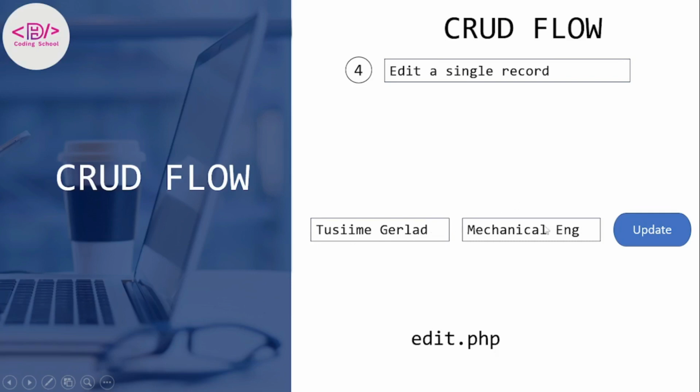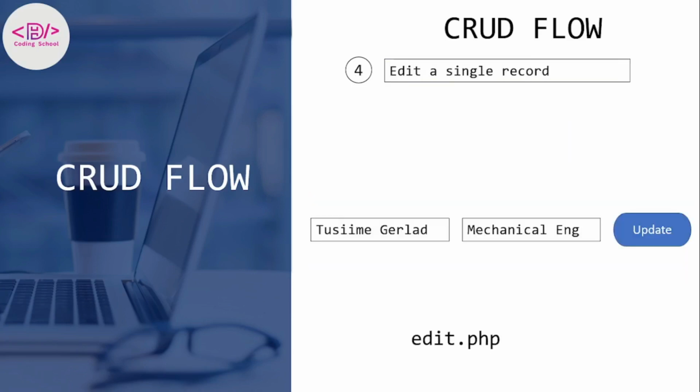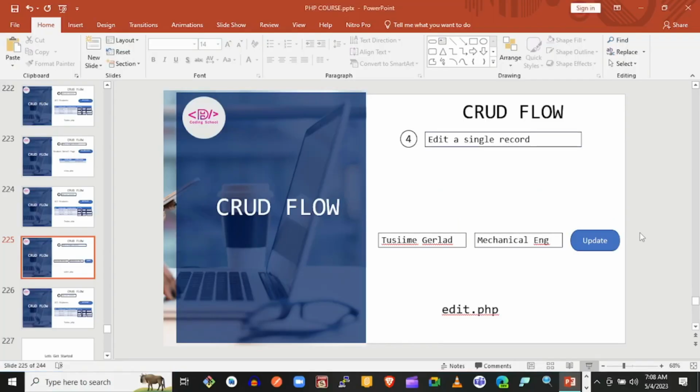It should look something like this. This one looks like the create page, and this is how the edit page looks too. The difference is that this one already has the data, and it also has the update button, but otherwise they are exactly the same.